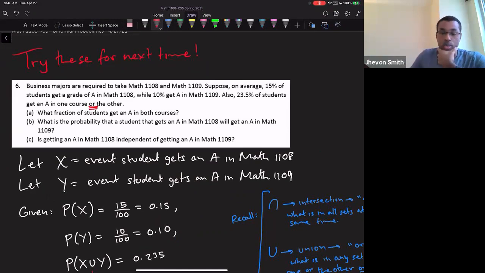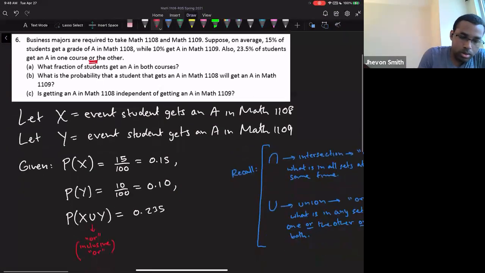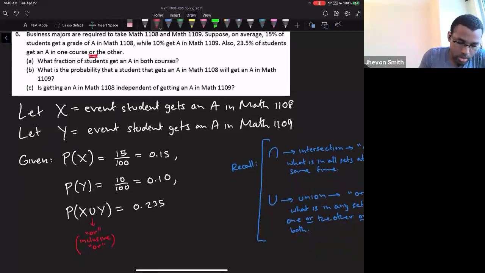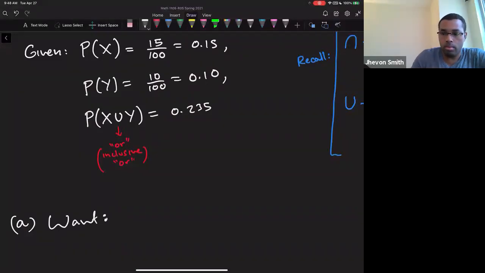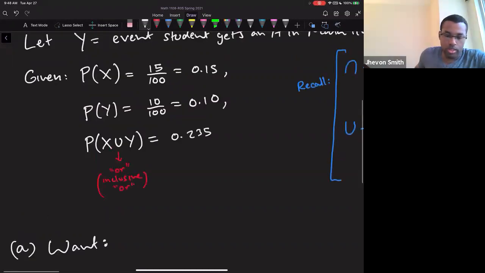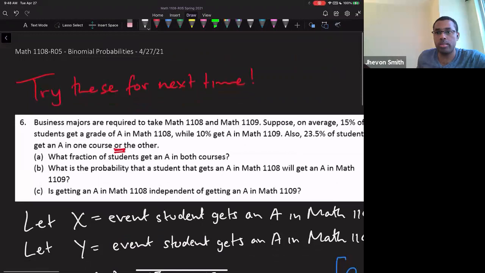All right, so that's what we were told. Now, in part A, what do we want? Part A is what fraction of students get an A in both courses?